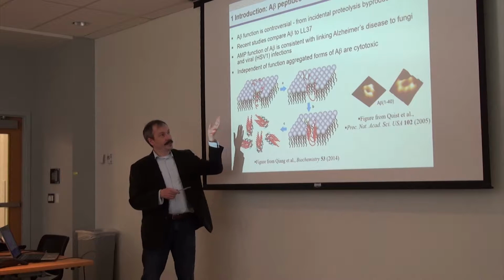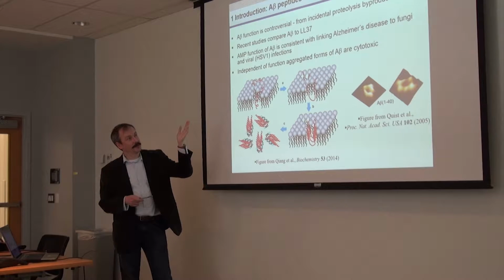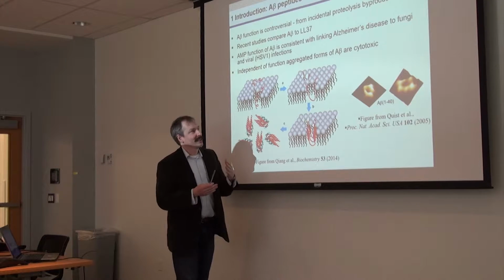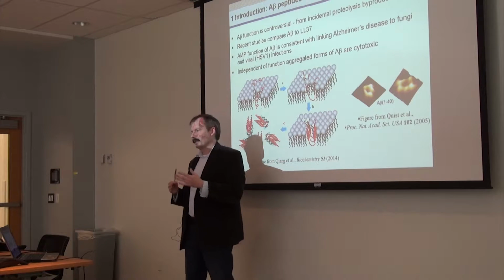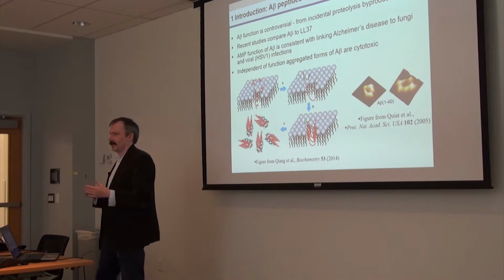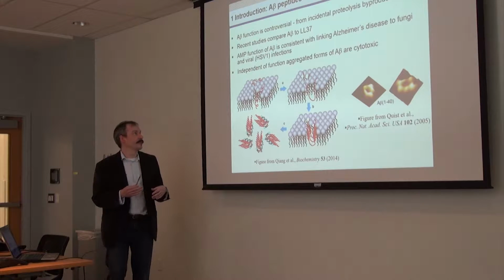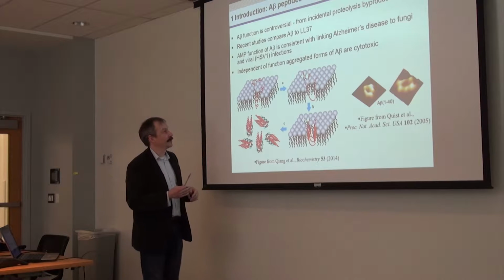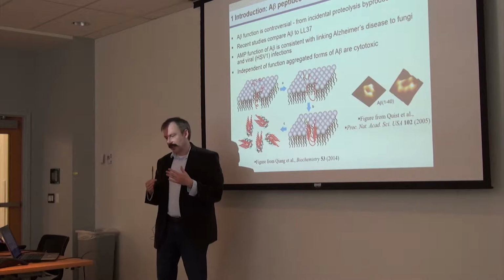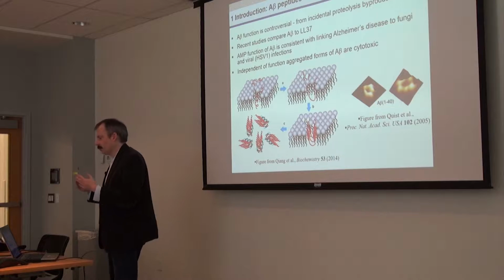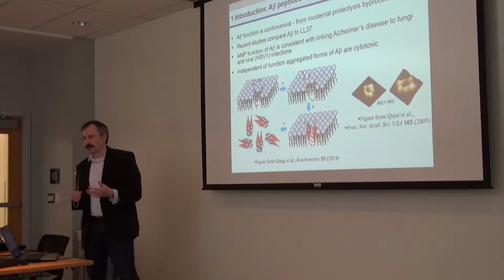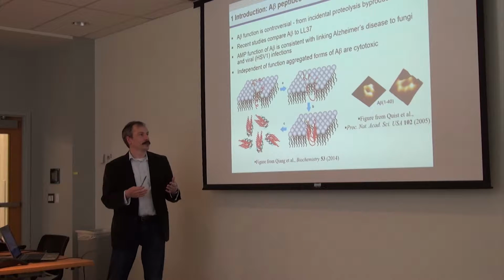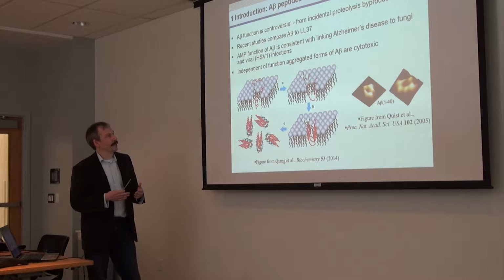The role of A beta in the immune system response is consistent with, I have to admit, a controversial association of Alzheimer's disease with either fungal or viral infections, for example herpes type 2 virus. So it looks like the A beta peptide could play an important role in a normal brain.